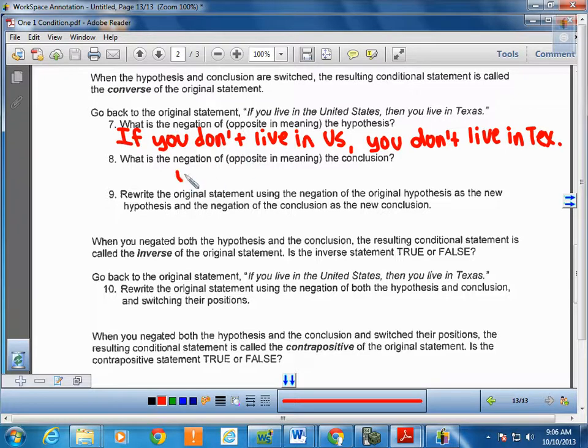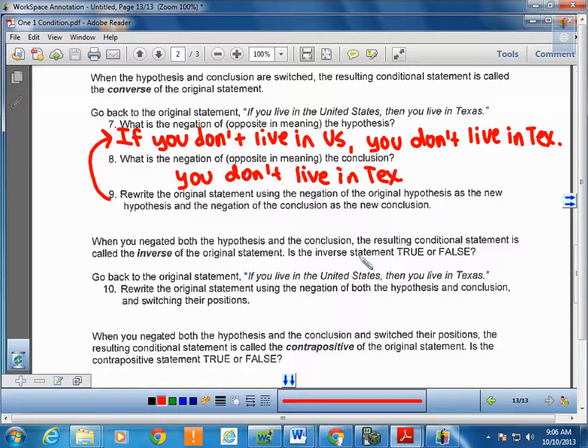You don't live in Texas. Rewrite the original statement using the negation of the original hypothesis as the new hypothesis and the negation of the conclusion as the new conclusion. And that's what we did up here. If you don't live in the U.S., then you don't live in Texas. So I'm just going to draw an arrow because we already wrote that for number 7. When you negated both the hypothesis and the conclusion, the resulting conditional statement is called the inverse of the original statement.